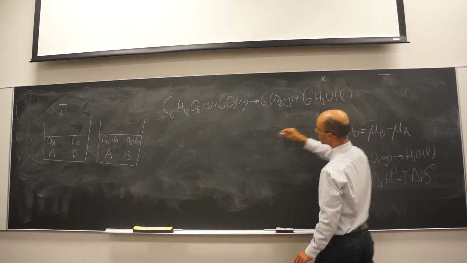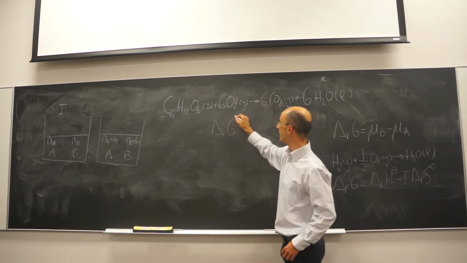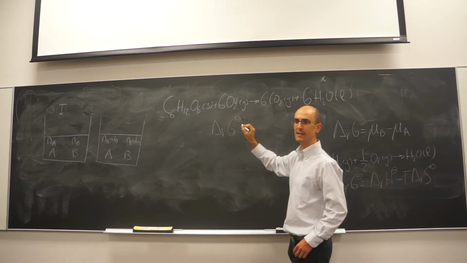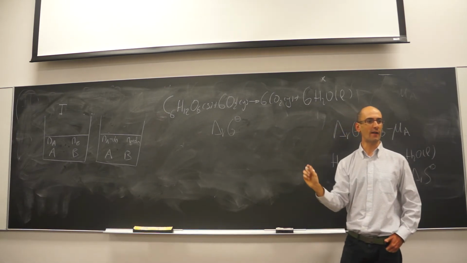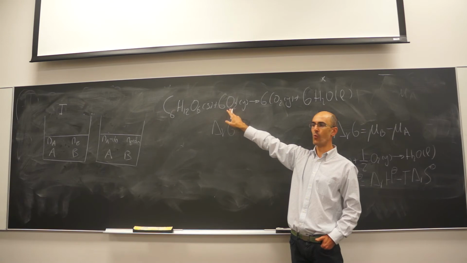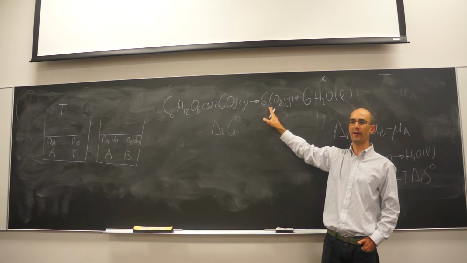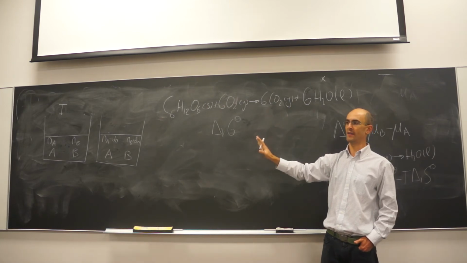Ladies and gentlemen, when you were calculating delta Rg for this reaction, you were actually doing that at the standard state. And again, notice how the shortcomings of that. That requires that the pressure of oxygen is 1 bar and the pressure of CO2 is 1 bar. When you do this in your mitochondria, are those pressures 1 bar? There's just no way.